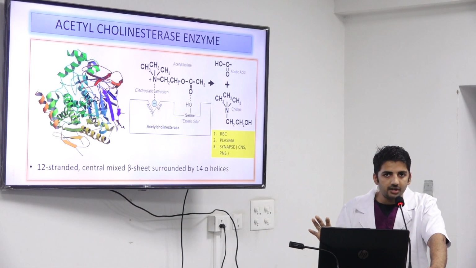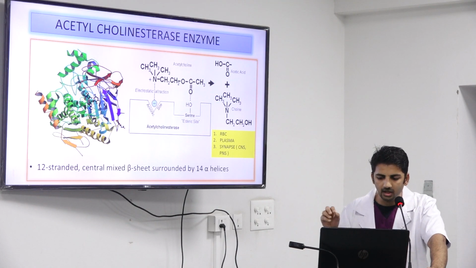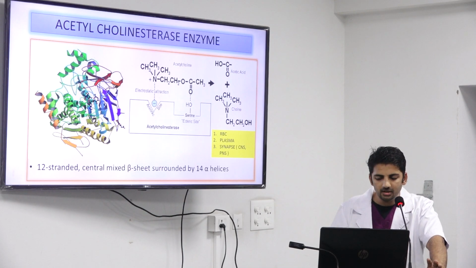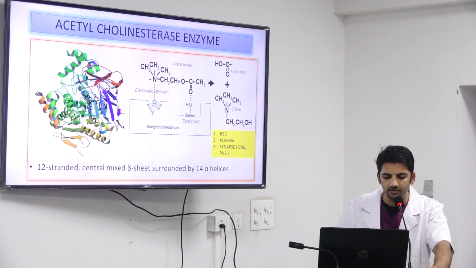In normal physiological conditions, the acetylcholine molecule sits on both the anionic site as well as the esteric site, and it gets broken down by the acetylcholinesterase enzyme into acetic acid and choline in a fraction of a second. This acetylcholinesterase enzyme is seen predominantly in RBCs, plasma, as well as the synaptic cleft in the central nervous system and the peripheral nervous system.